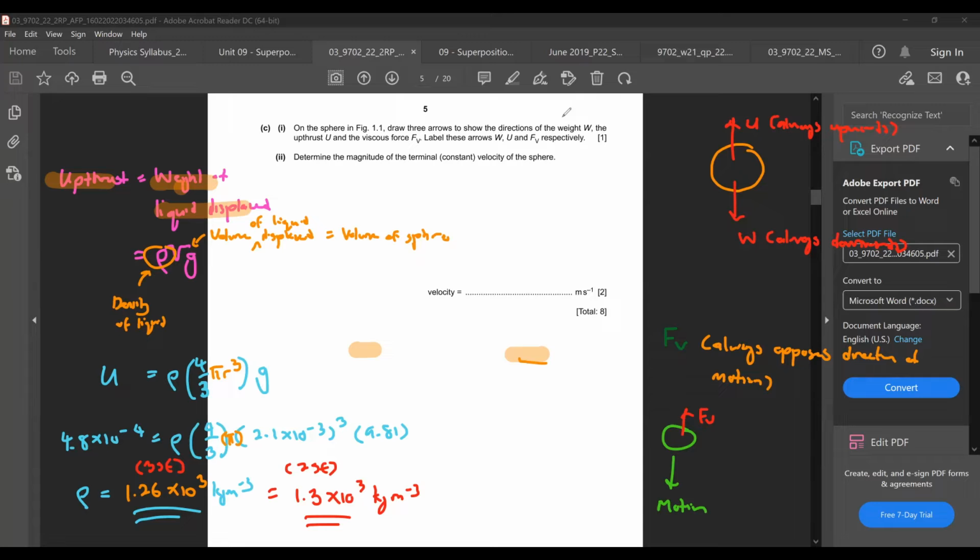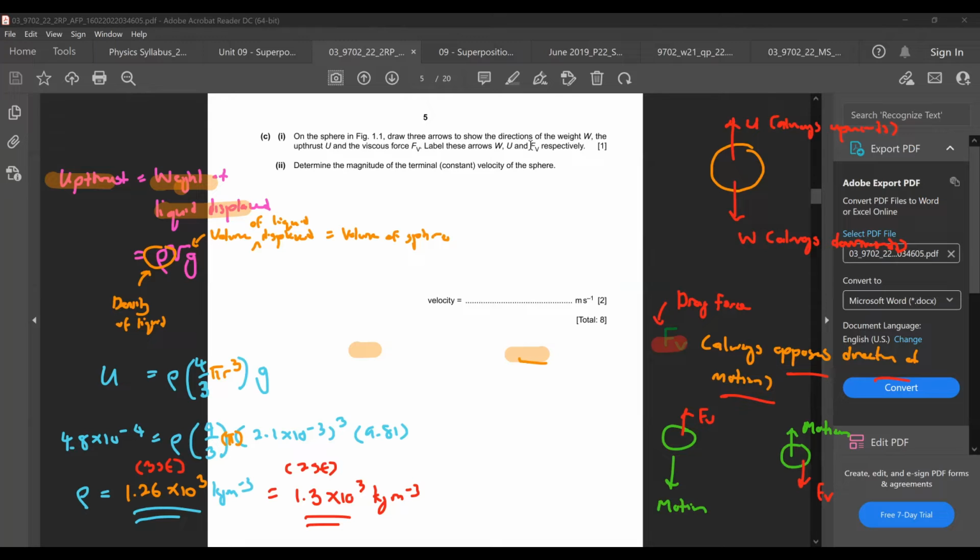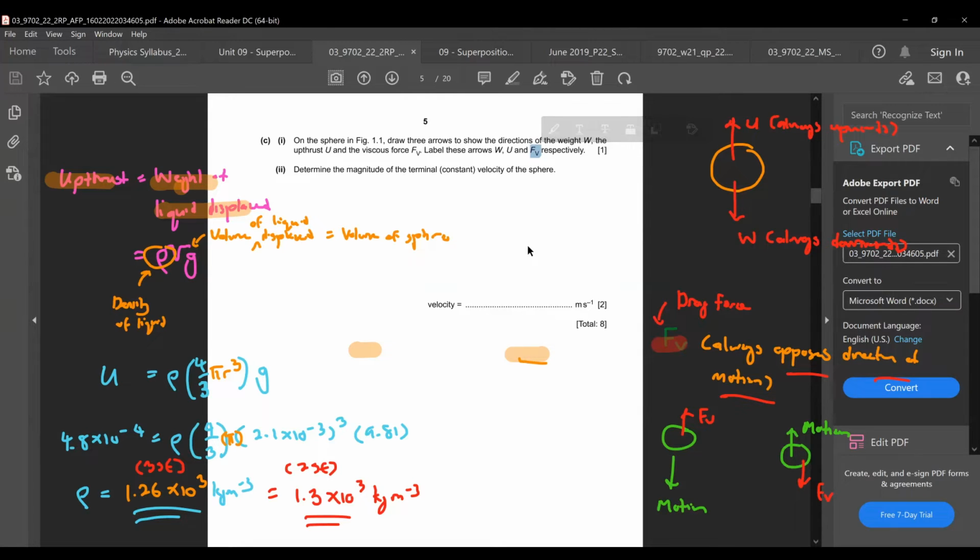But if your object was trying to float up and is moving up, this is your direction of motion, your FV will be downwards. So just be careful when it comes to viscous drag, or rather they call it drag force now. Drag force is the same as viscous drag. It always opposes the direction of your motion. It can be up, it can be down, depending on how your object was moving in the first place. So in my case here, one of the things that I want to find out is whether this object was moving up or moving down.